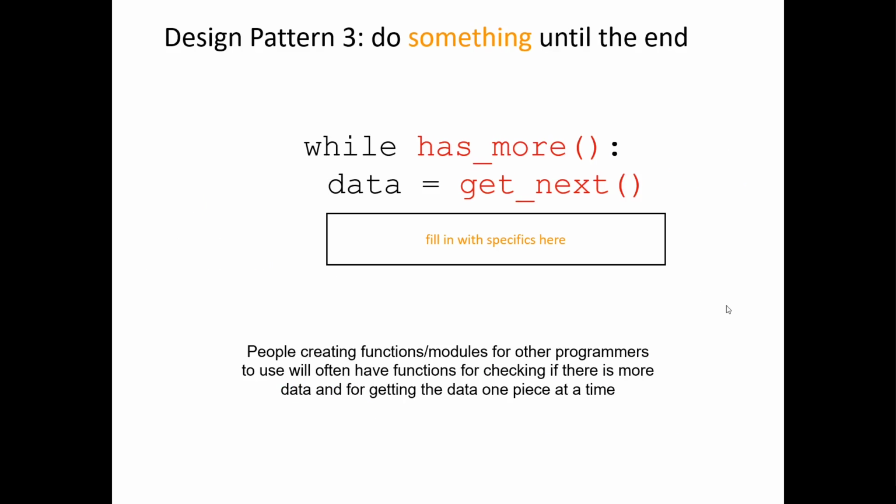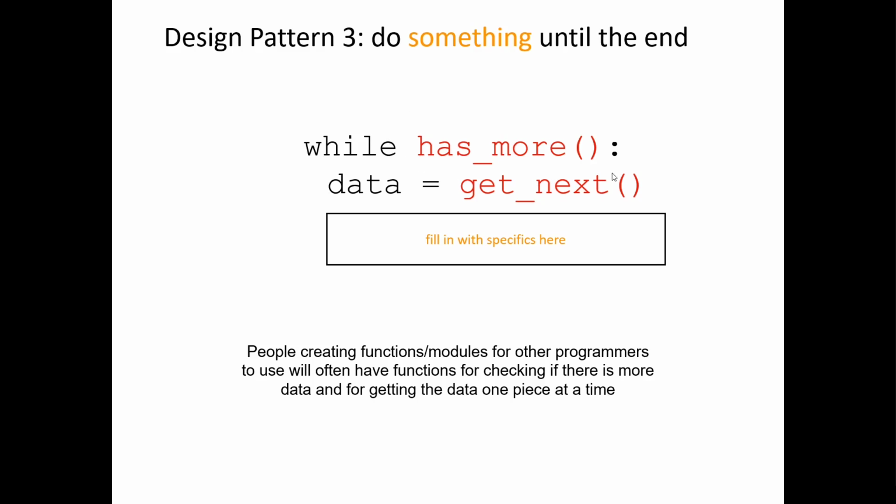All right, and design pattern number 3, also very, very similar. So we're going to just do something until we get to the end of the data. This one might not necessarily have that bottom piece of bread on the sandwich, the i plus equals 1, the increment step. But a lot of times programmers who write modules that are used by other programmers will use this kind of structure.